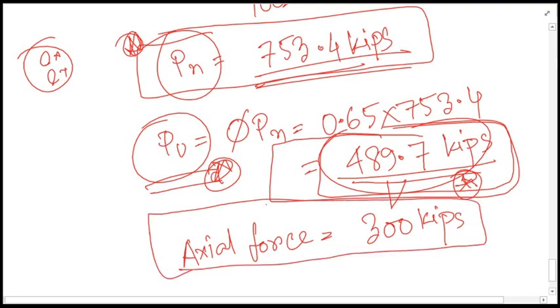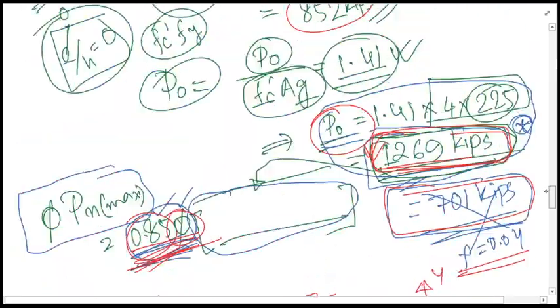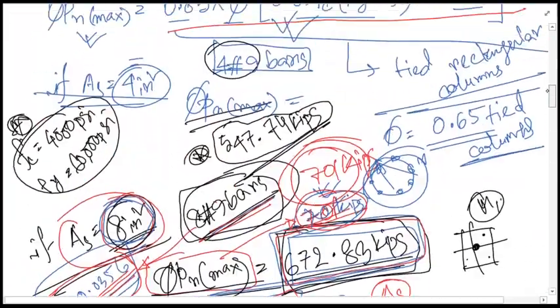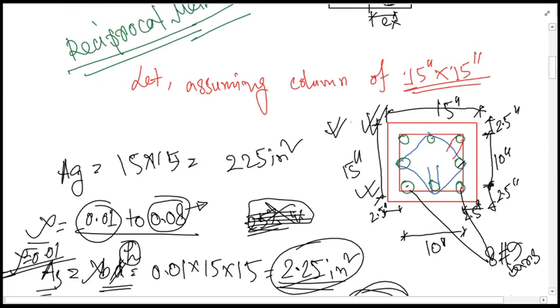We have found from the combination the maximum axial force of the column. So we can say that our designed column is satisfying all the necessities. So we can finalize this as the design.